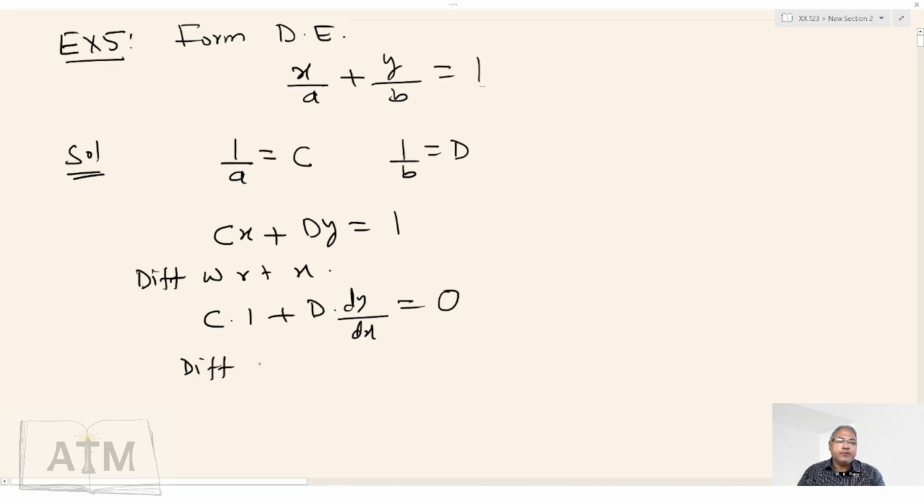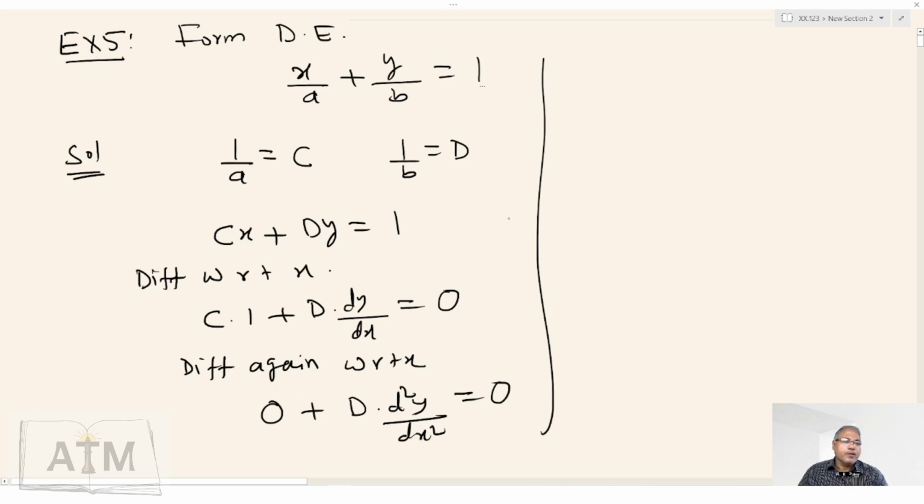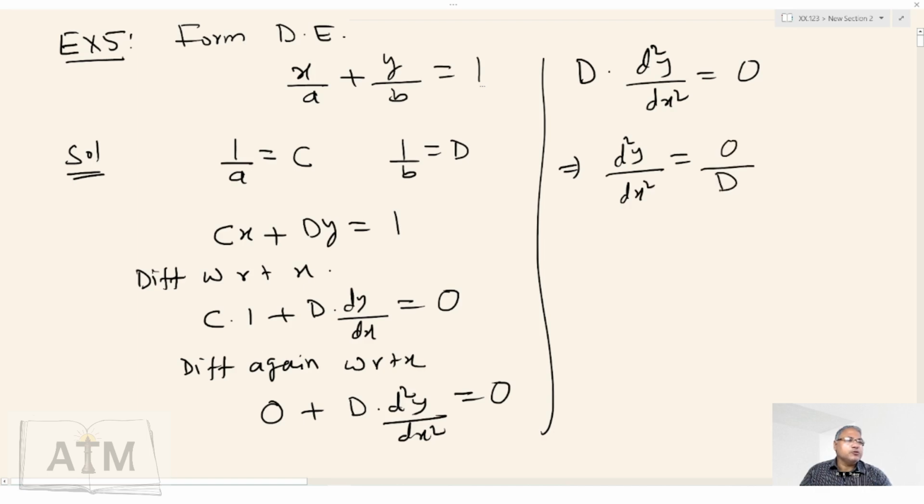Differentiating again with respect to x, we get 0 plus d into d2y by dx2 equals 0, which can be written as d2y by dx2 equals 0 upon d, which implies d2y by dx2 equals 0. This is the required differential equation.